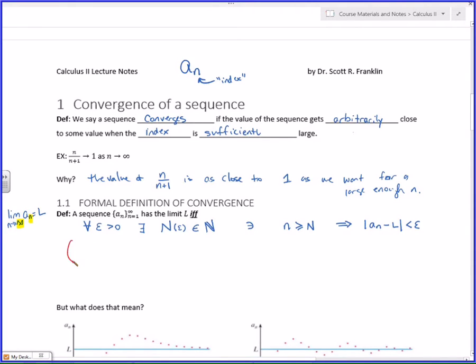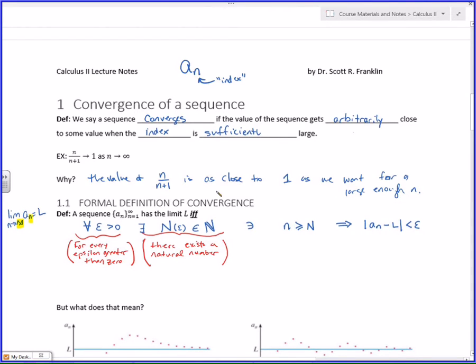So this says, for every epsilon greater than 0, that's the first statement, right there. And then all of this says, there exists a natural number N. So I'm going to make that a little bit longer.